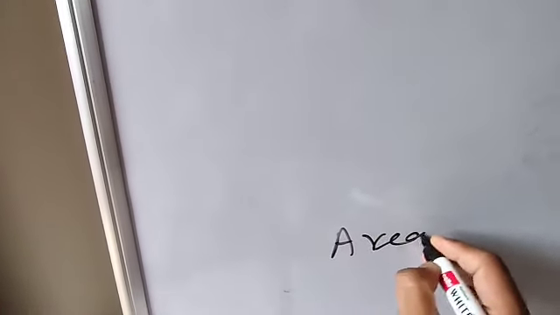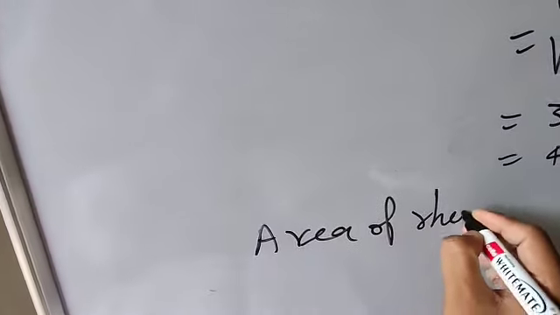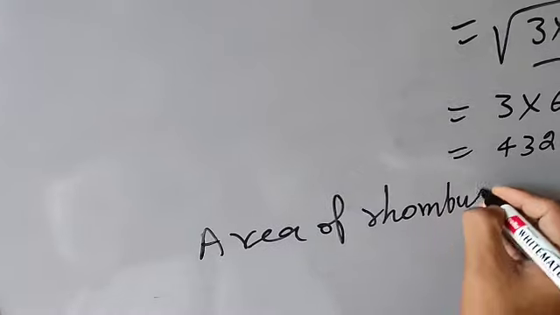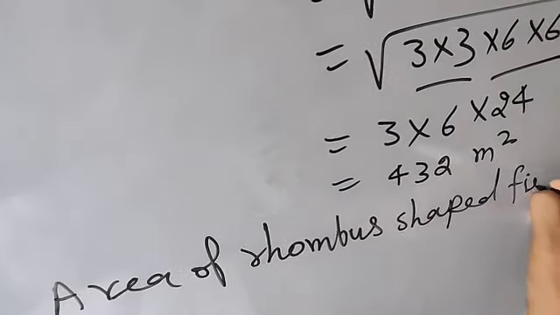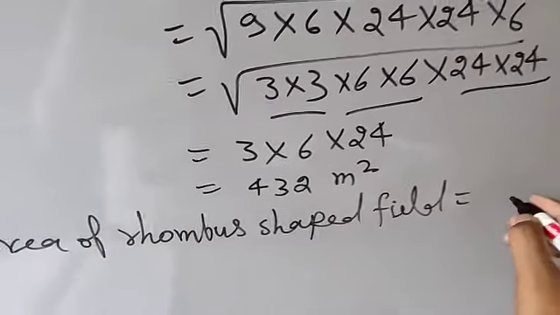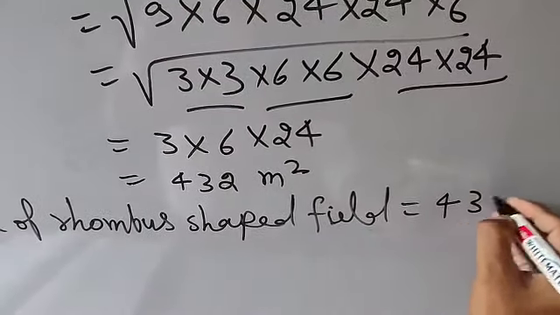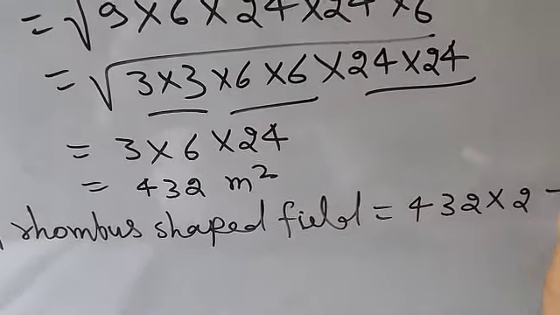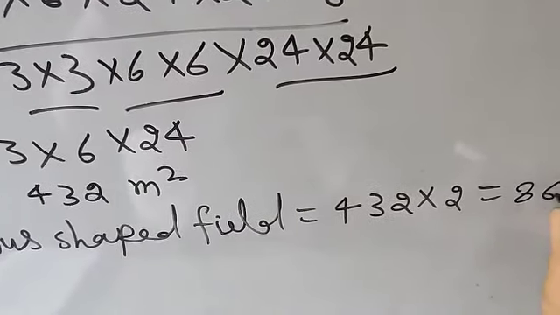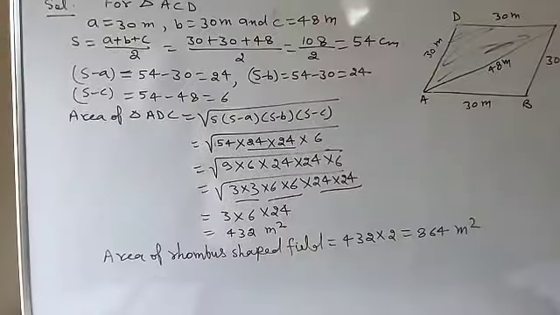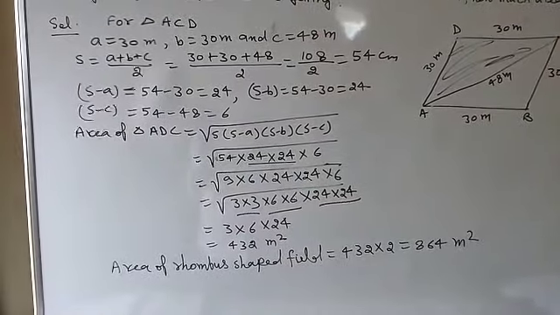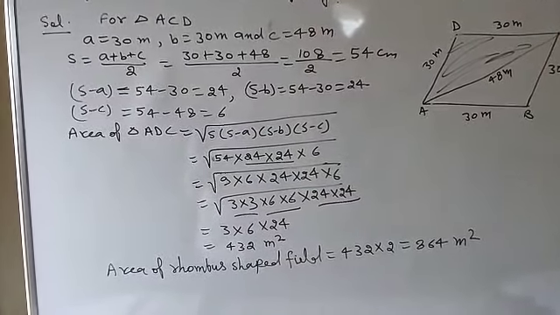So area of the rhombus shaped field is equal to 432 into 2, that is equal to 864 meter square. So it is the area of the total field.